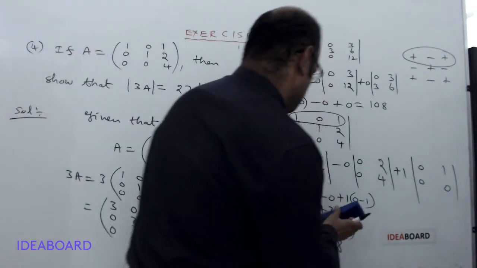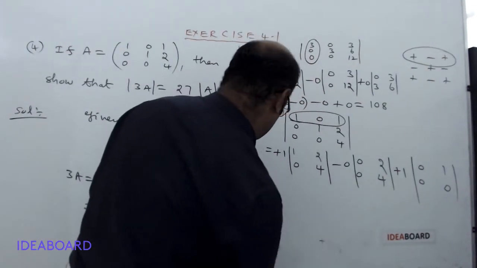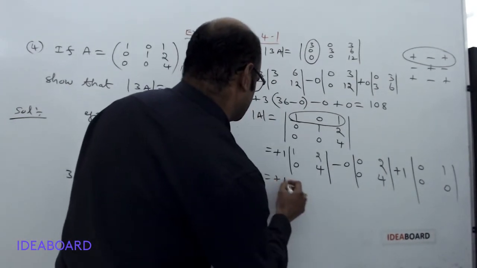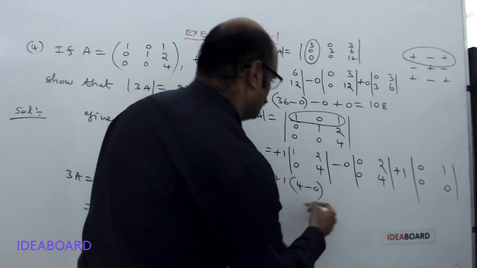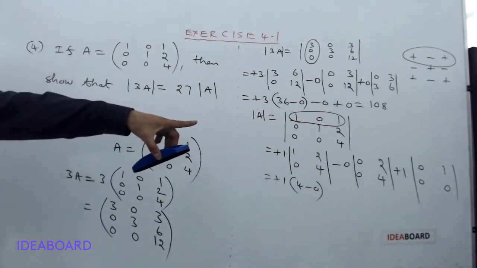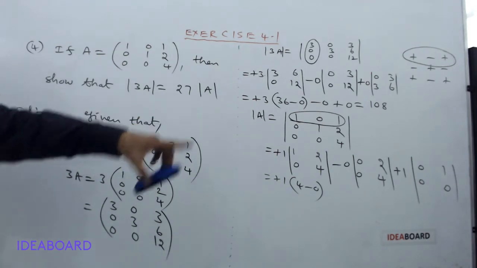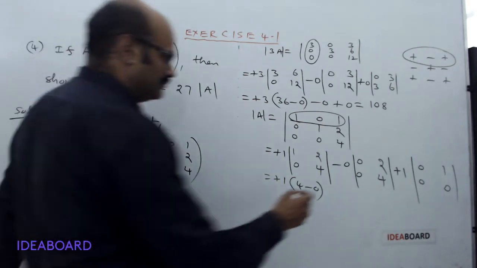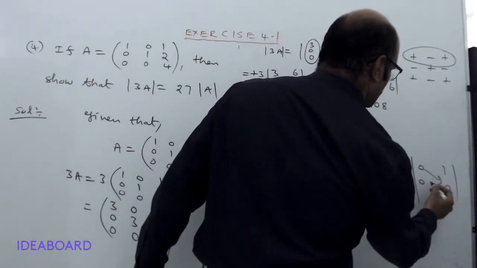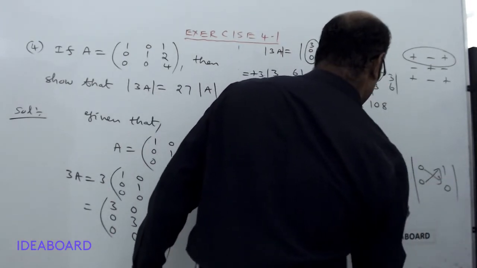Here there is a mistake. Plus 1 into 4 minus 0, into 0 minus 0. So equal to we are having here minus 0 plus 1 into 0 minus 0, not 1, 0 minus 0.